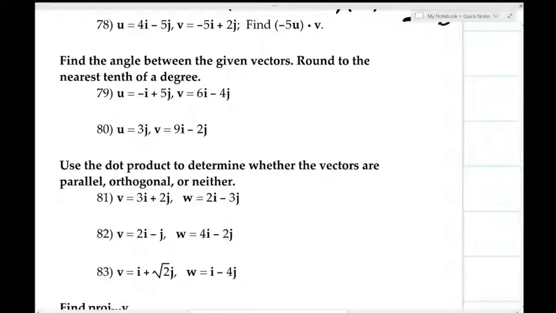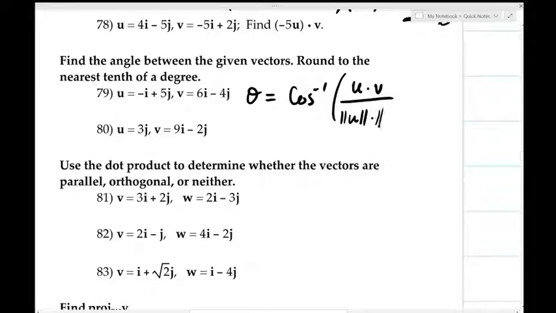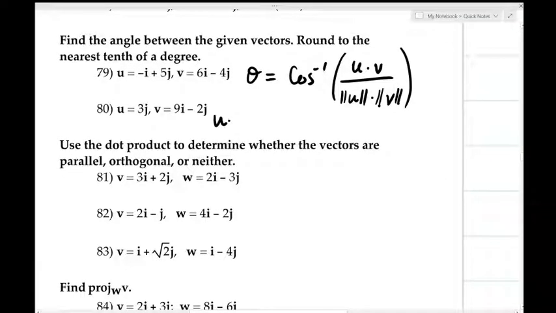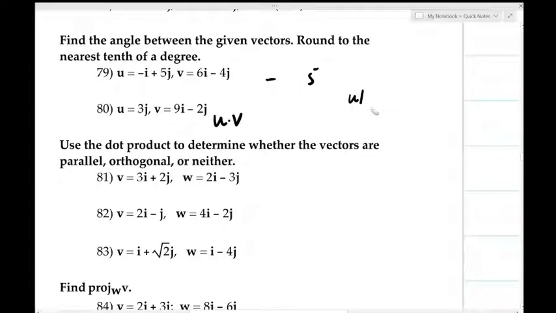We have some different formulas for it, but overall, theta is equal to cosine inverse of u dot product v over the magnitude of u times the magnitude of v. Okay, so let's do u dot v, and let's see what we get.